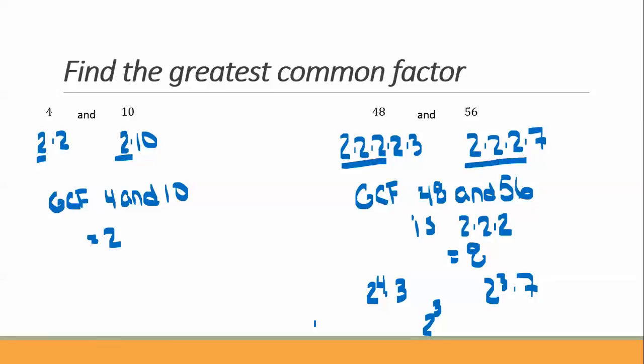So least common multiple, we took the largest exponent in all the factors. Greatest common factor, we take the smallest exponent in only the common factors. For those of you that know about intersections and unions, greatest common factor is an intersection, least common multiple is a union.